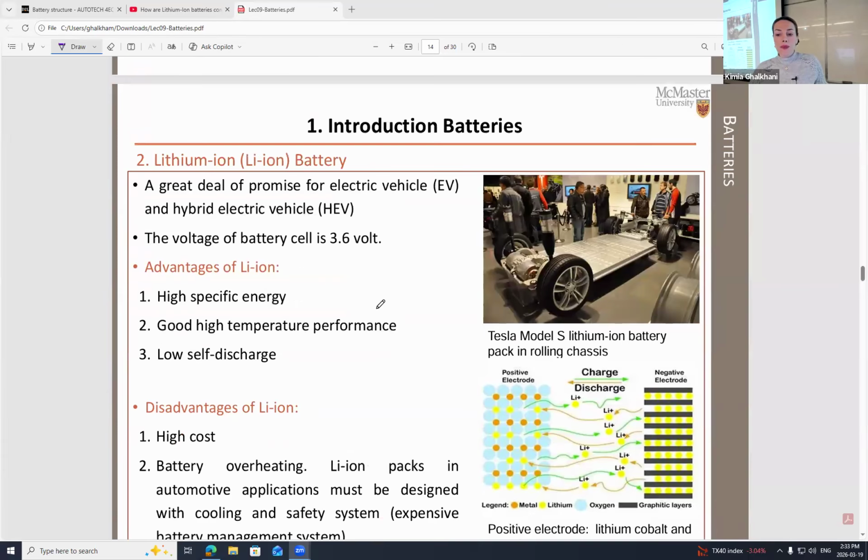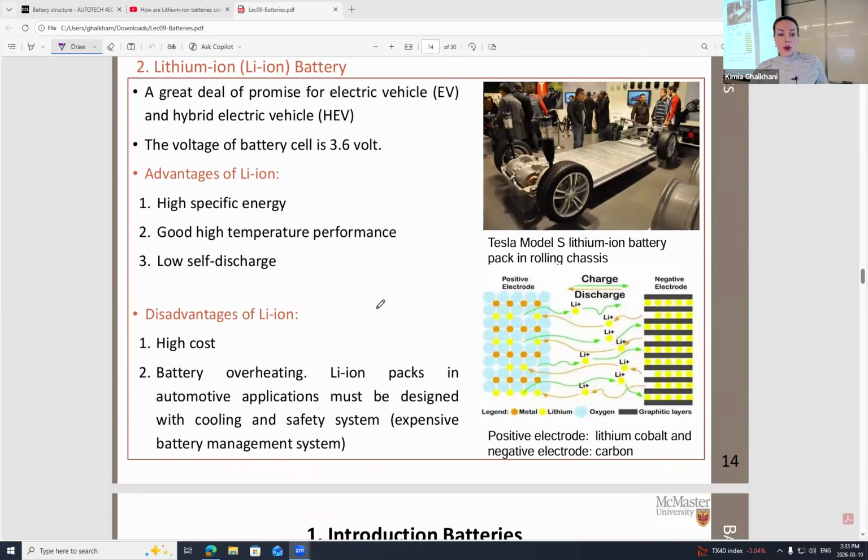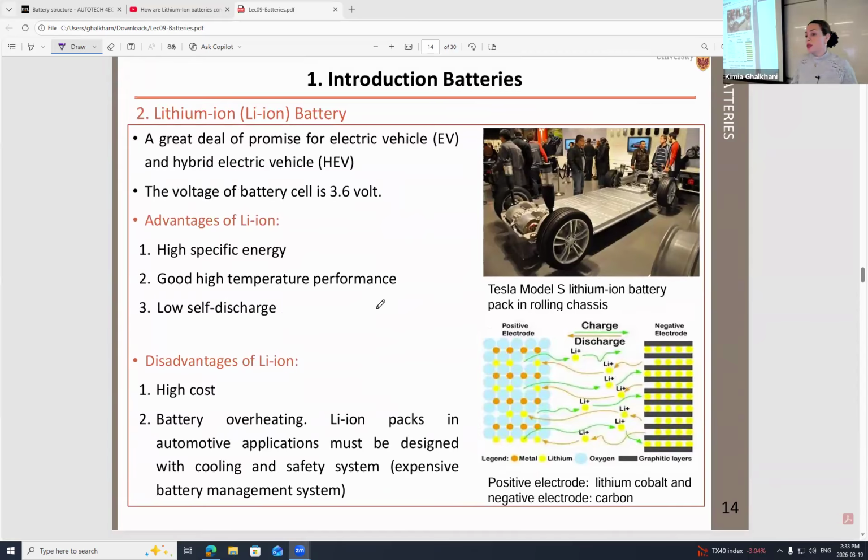So this is where we left the discussion. We already learned that most of the batteries out there have three layers: positive, negative, and electrolyte, and of course you need to learn about the separator.